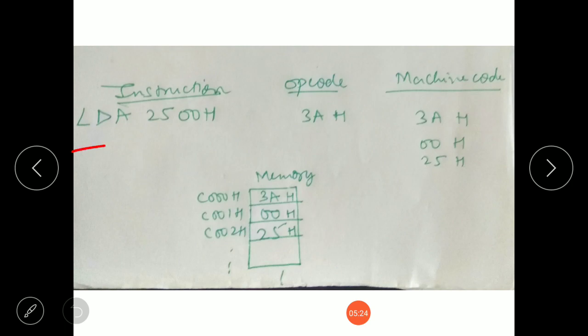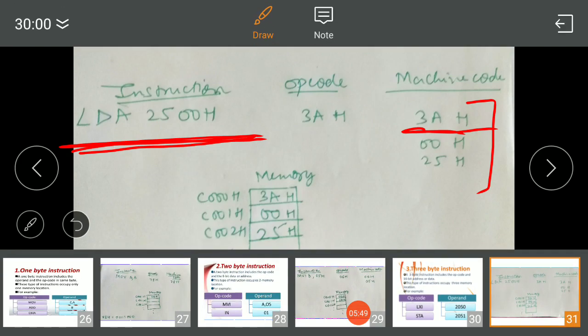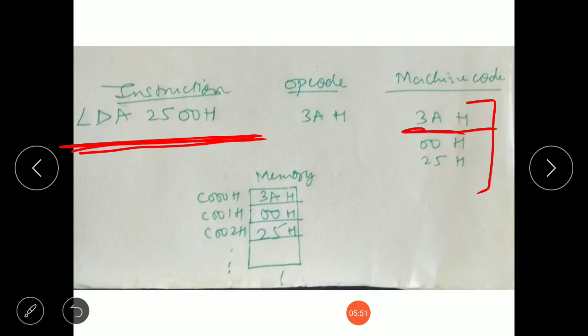When this is the assembly language instruction, how are you going to enter the machine codes for this instruction in the microprocessor? First you are going to enter the opcode, which is 3A, written in hexadecimal format. Then you are going to enter all the hexadecimal numbers which are written on the instruction. And how is this instruction going to get stored in the memory?